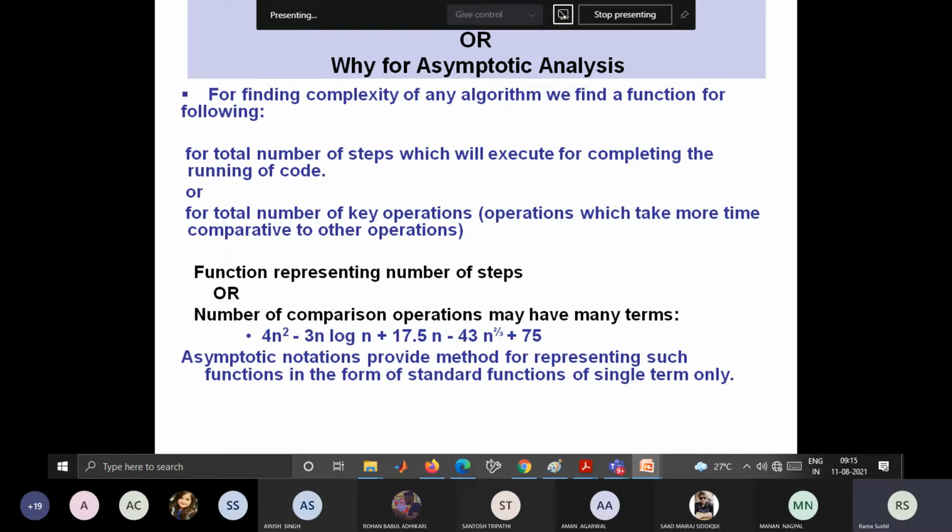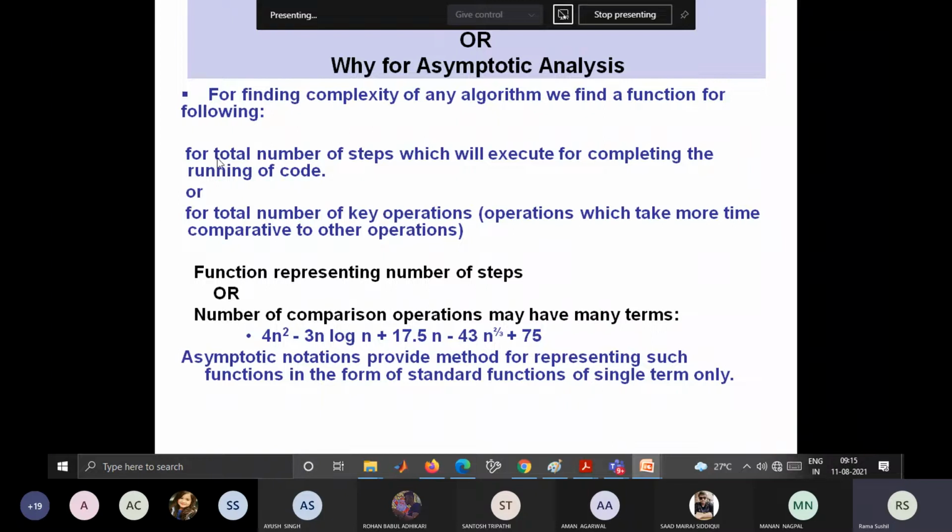In the previous presentation, we discussed that the running time is proportional to the total number of operations, and we reduced that to the total number of steps. Instead of looking at which particular operation takes how much time, the number of steps is proportional to the time taken by the execution of the code.